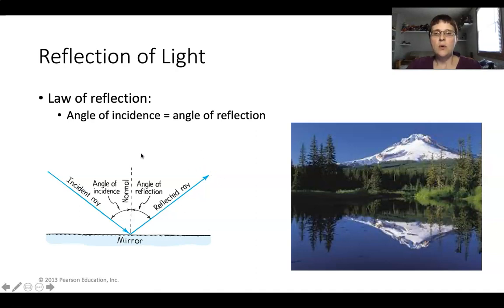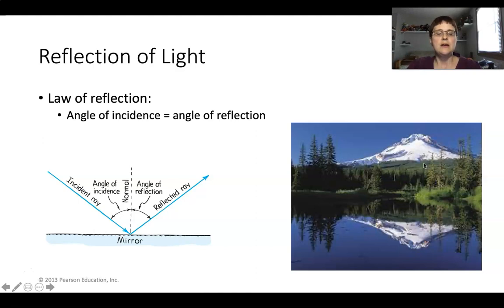And so this is why when you get something like this, like a mountain in a lake, it looks like the mountain is completely upside down in the lake to you, because those light rays are bouncing off the lake to you off of every point of that mountain in exactly the same spots, so that it reverses the image in the water.